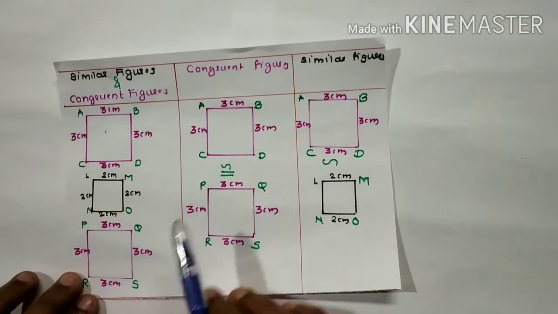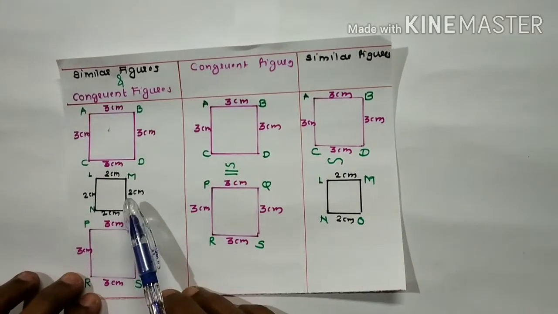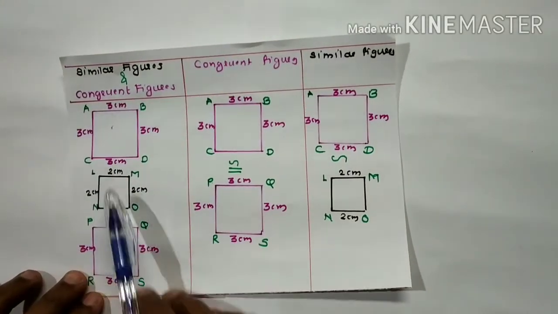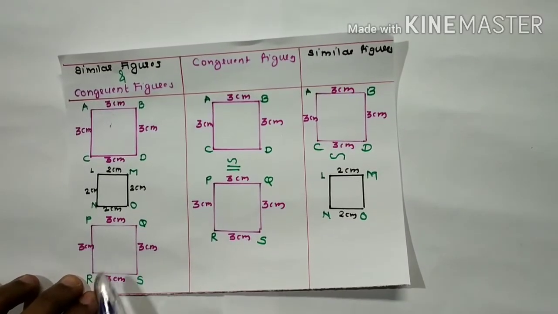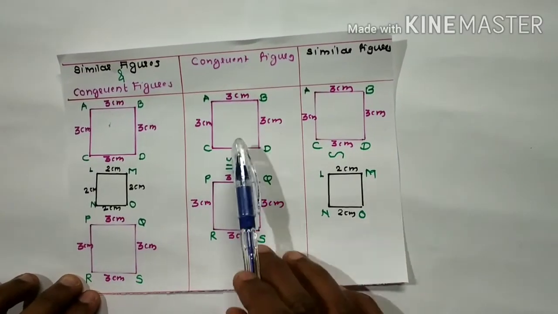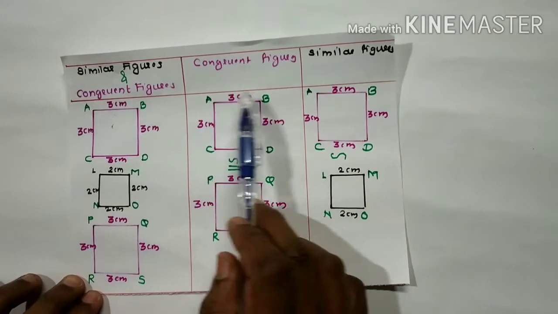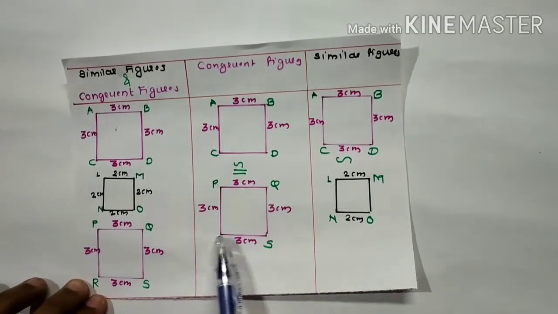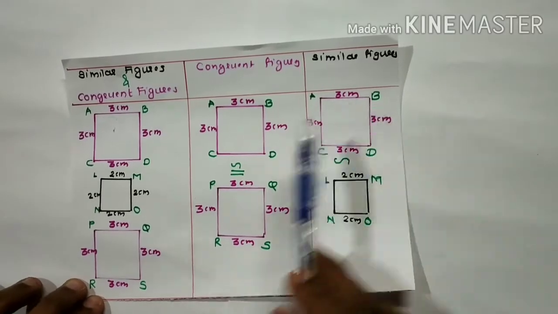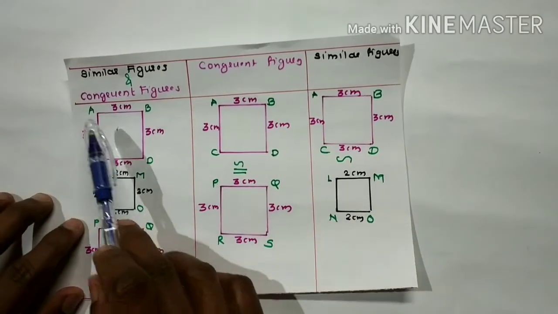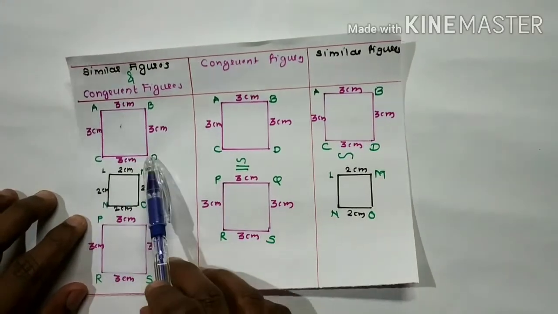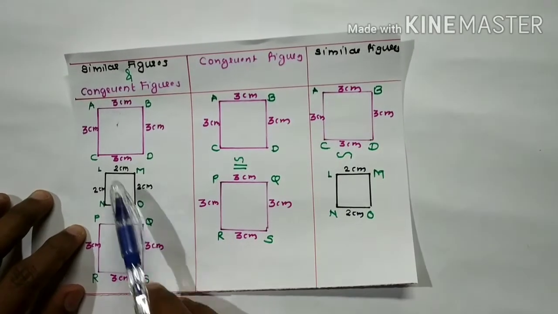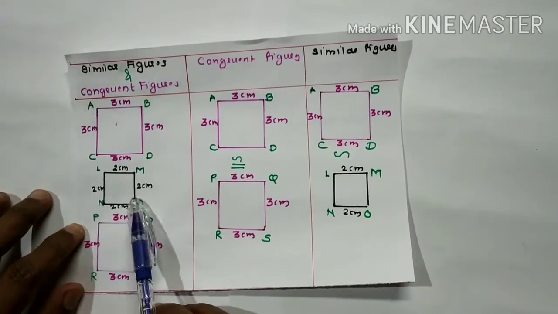Now let us take third example, that is square. Here square ABCD and square PQRS are congruent figures. So ABCD is congruent to PQRS, and for similar figures we can take this square ABCD and square LMNO.